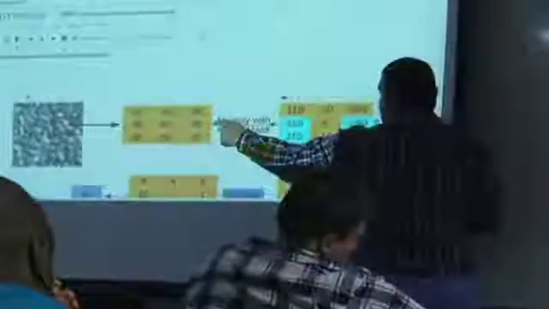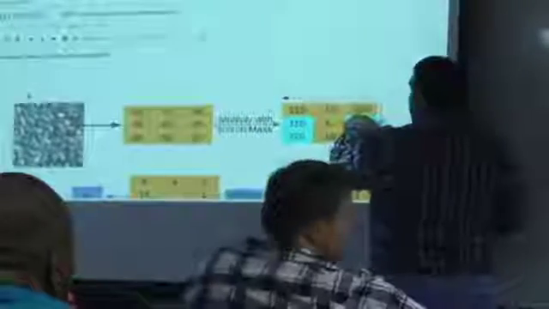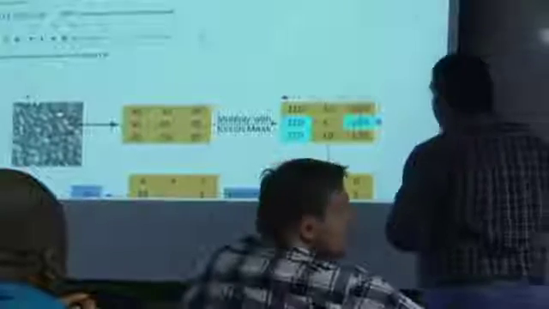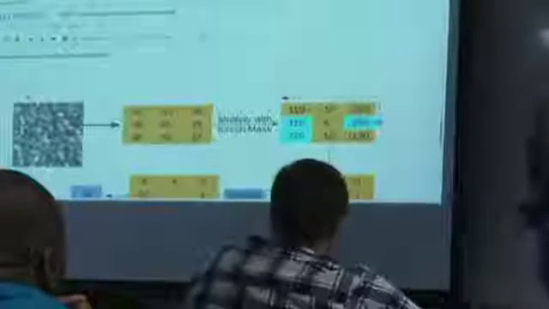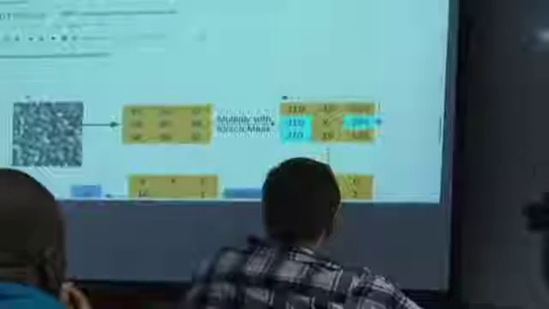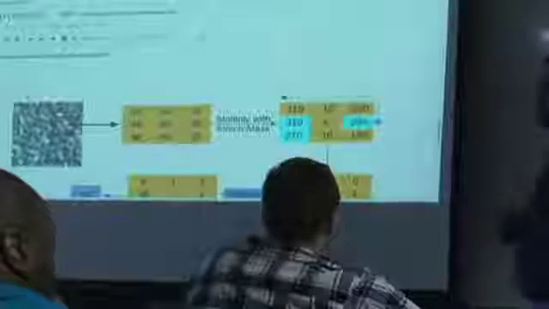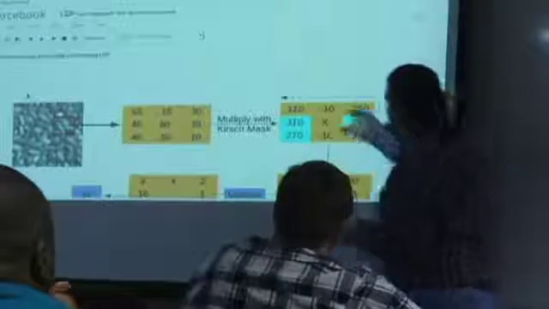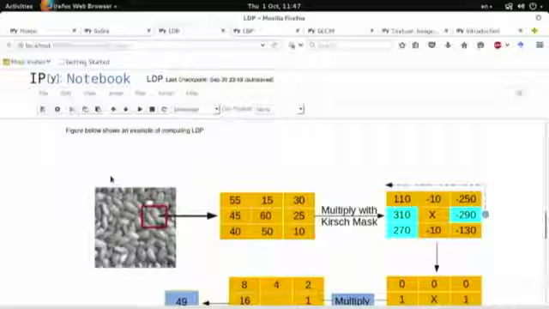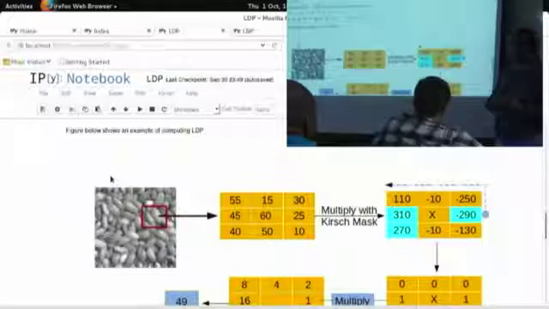So if you look here, M0 multiplies the original one with the first mask and gives me 290, and if I multiply it with the second mask, it gives me minus 250, and so on. Then in LDP, you choose K equal to 3, which means it chooses the 3 maximum values from these and converts them to 1, and anything else will be 0.